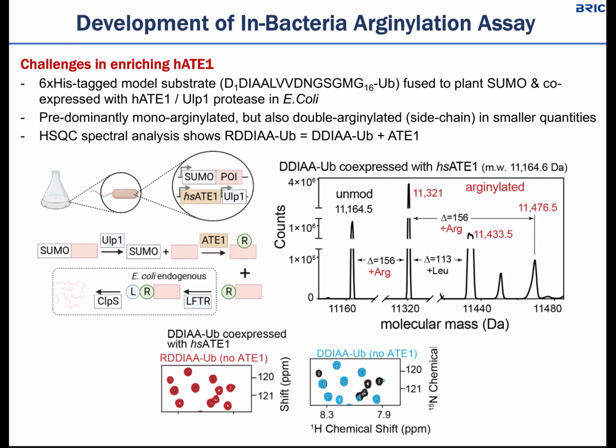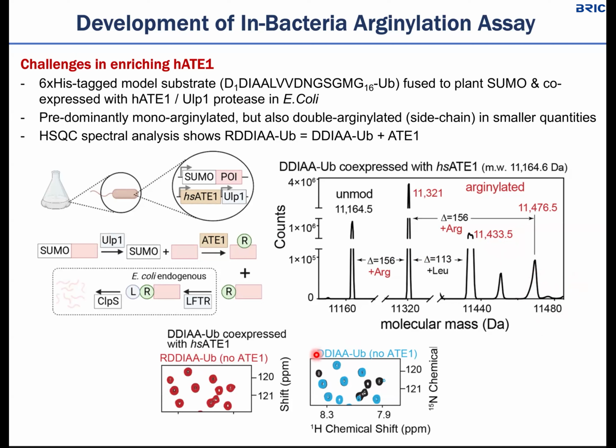When we performed this assay, the predominant peak of the purified model substrate sample aligned with the anticipated monoarginylated form. However, both the unmodified form and a double arginylated variant were identified. To pinpoint whether arginylation occurs internally or at the N-terminus, we performed 1H and 15N heteronuclear single quantum coherence, HSQC, spectral analysis.